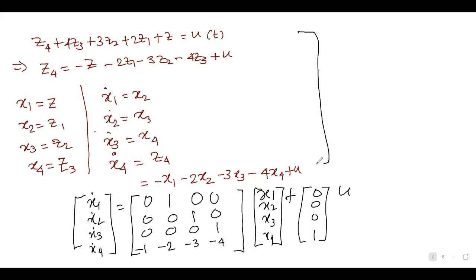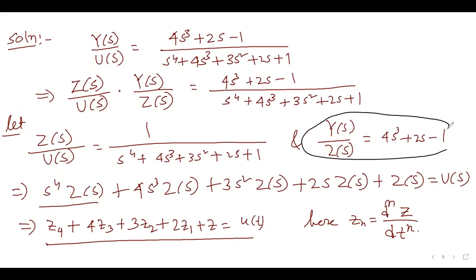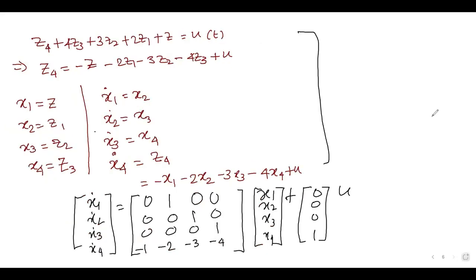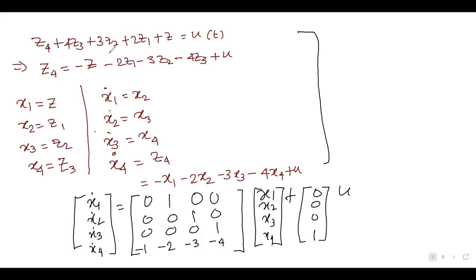Now we have the numerator term. Now Y(s) by Z(s) is equal to 4s cube plus 2s minus 1.